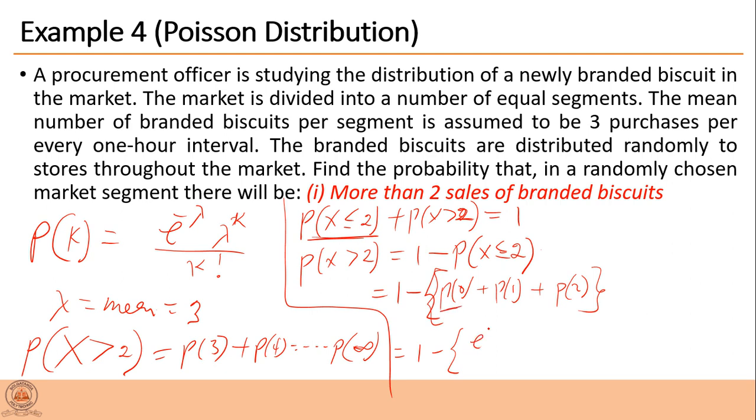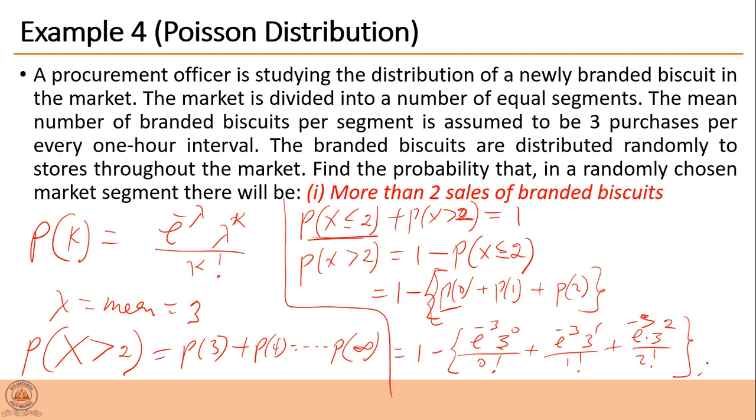We have e raised to the power of our expected value, which is the mean, negative 3, multiplied by 3 raised to the power 0 all over 0 factorial, plus the next one, the probability of 1, e to the power negative 3, 3 to the power 1 over 1 factorial, plus P of 2, that's the probability of getting a 2, e to the power negative 3, 3 to the power 2 over 2 factorial.